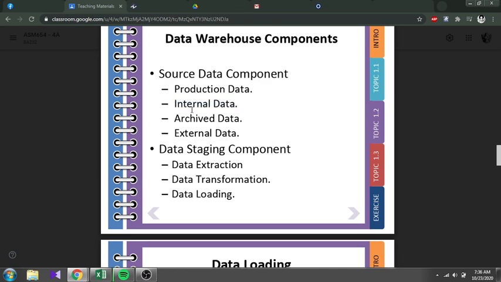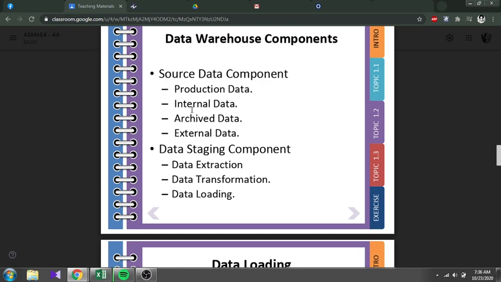Internal ni in what is produced in the department tu lah, ataupun from the user in the organization. Archive data, that is on this historical data in the past that has been not used, data yang dah tak digunakan untuk keperluan for the business need in the current days. Okay, so kita archive data tu for the historical timestamp data.